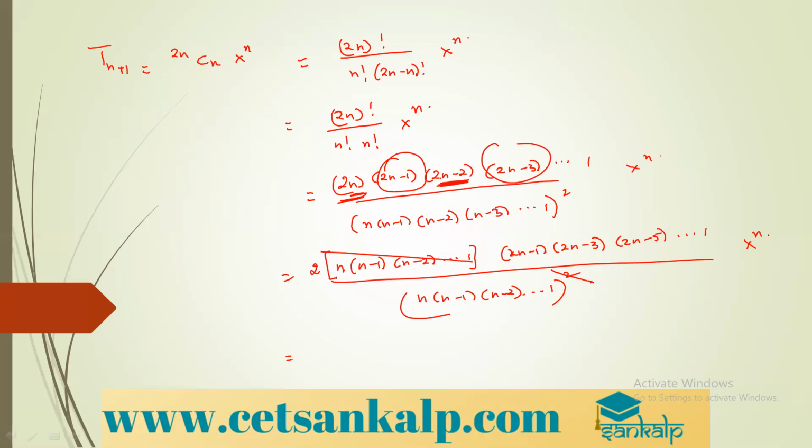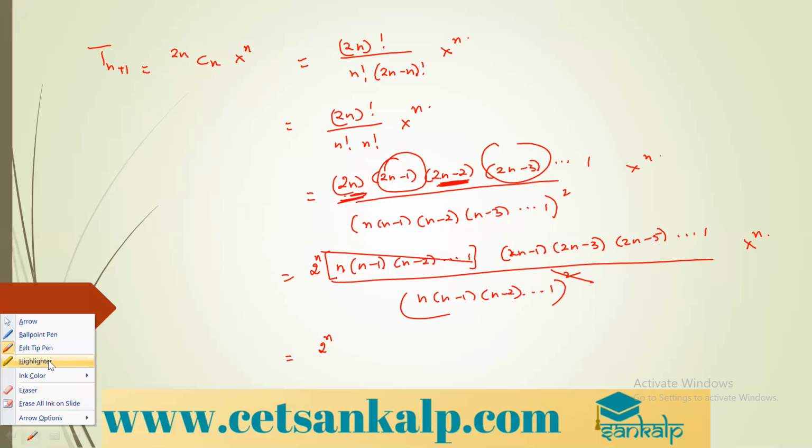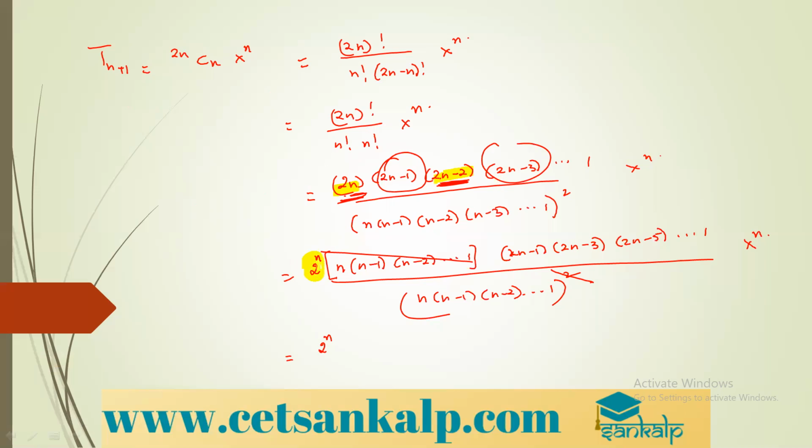And so, because I am taking 2 common from each term, I will have 2 power n. I am not taking 2 common from every term, only from one term, from every alternate term. So in total I will have 2 power n, because the logic behind it is, here in total I have 2n terms.